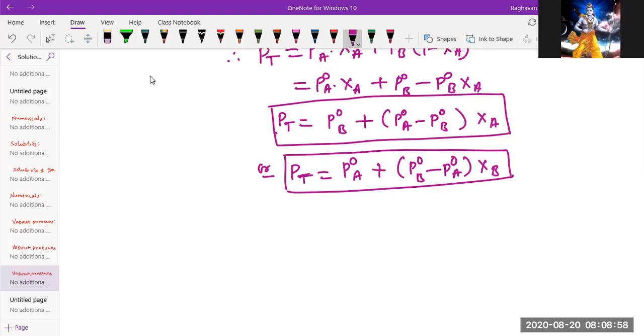So Henry's law and Raoult's law, in a way, both are related. Can anybody give me the statement of Henry's law? The partial pressure of a gas above the surface of the liquid is directly proportional to the mole fraction of the gas in the solution.